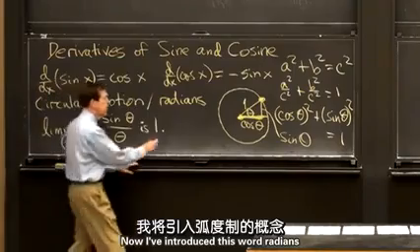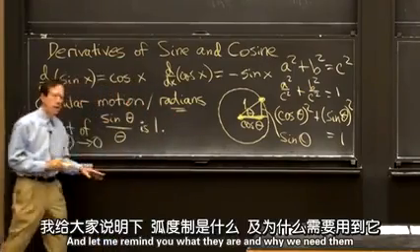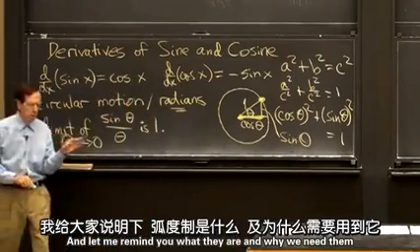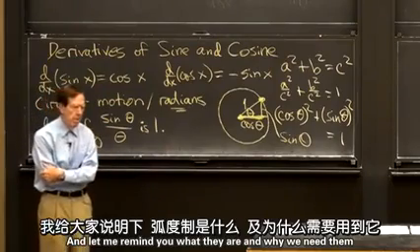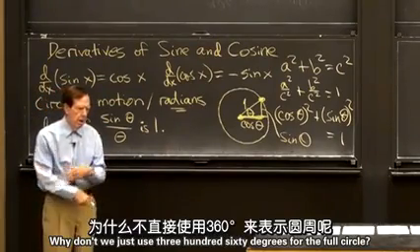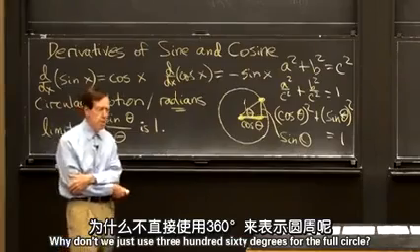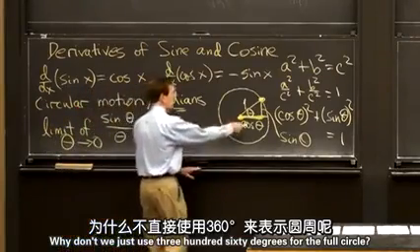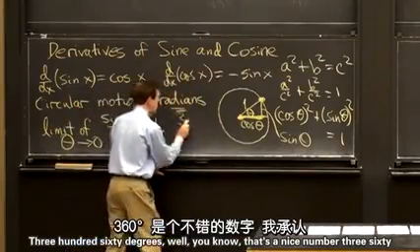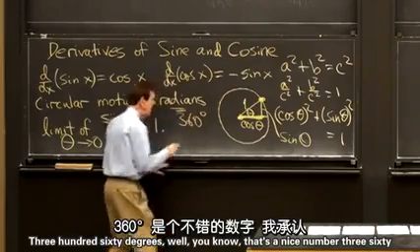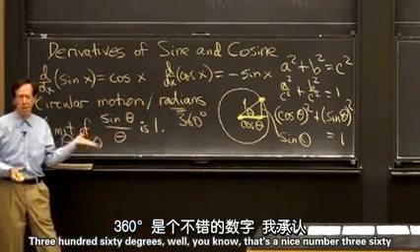Now I've introduced this word radians. And let me remind you what they are and why we need them. Why don't we just use 360 degrees for the full circle? Well, you know, that's a nice number, 360.